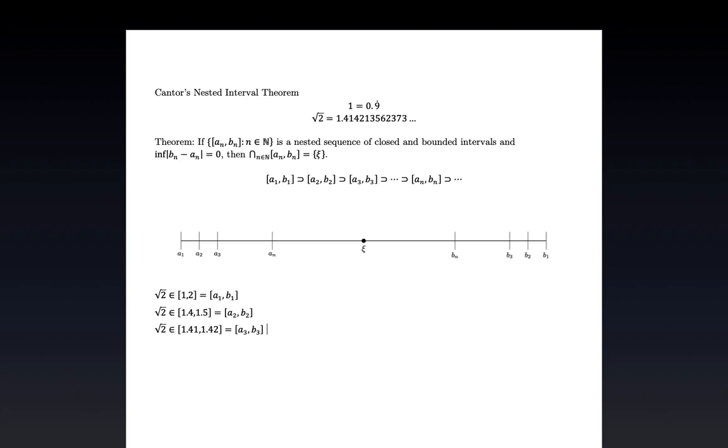Then if you subdivide 1.4 to 1.5 into 10 subintervals, root 2 falls between 1.41 to 1.42, and then again root 2 falls in 1.414 to 1.415, and so this is your A4, B4, and so on.